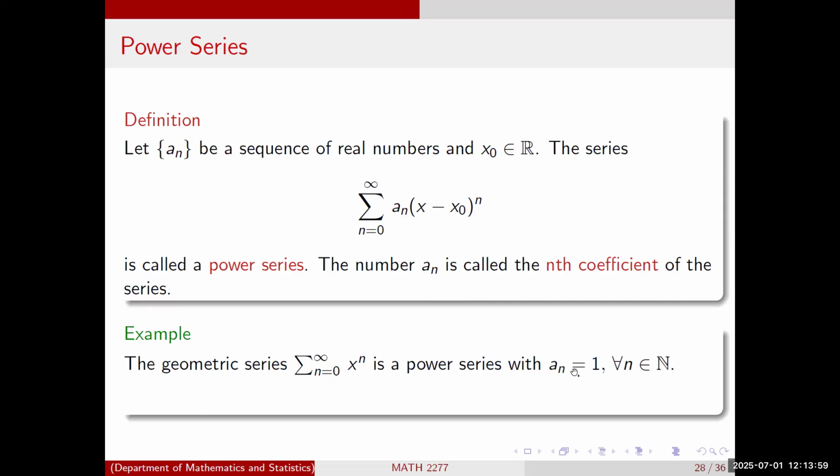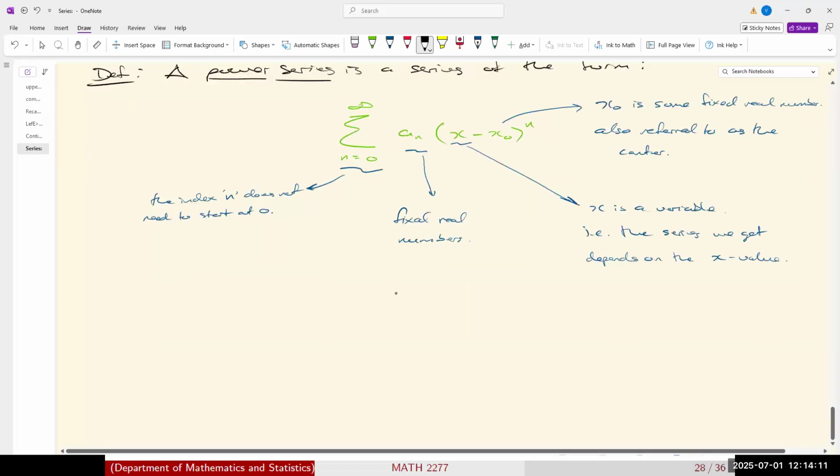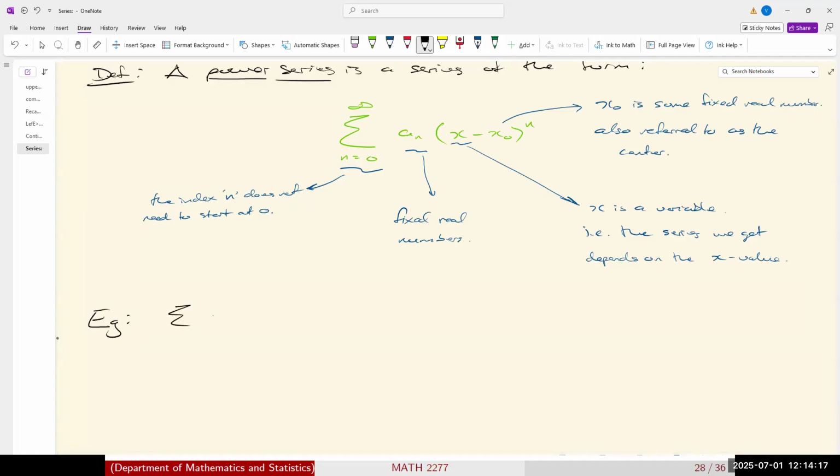This is a power series where the a_n are all set equal to 1. And what is x0? Sum of x to the n, where n goes from 0 to infinity.